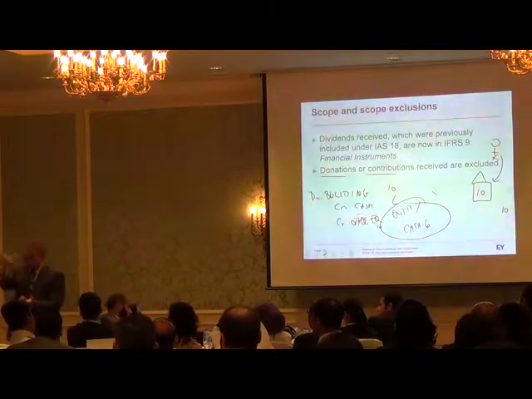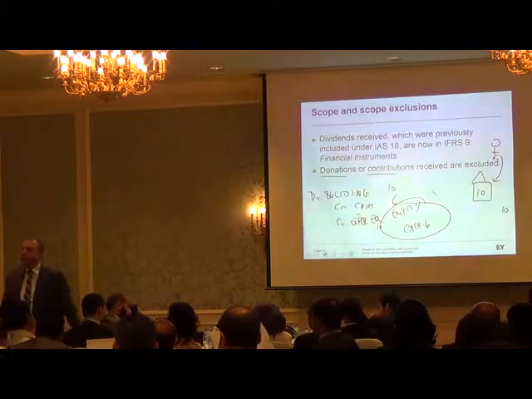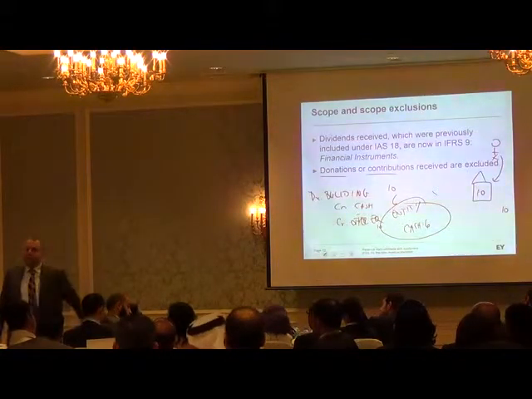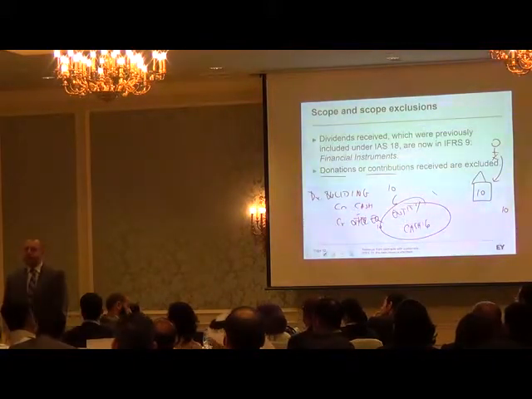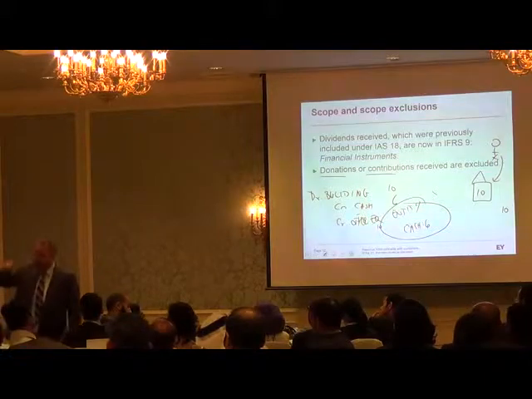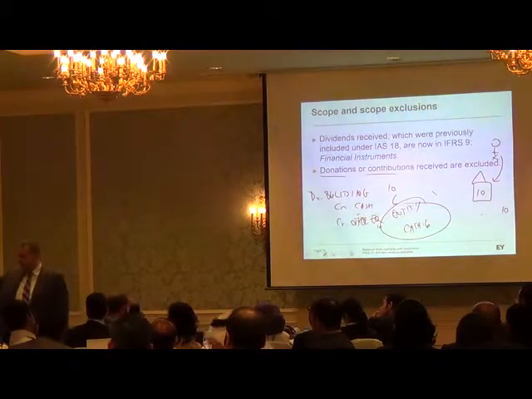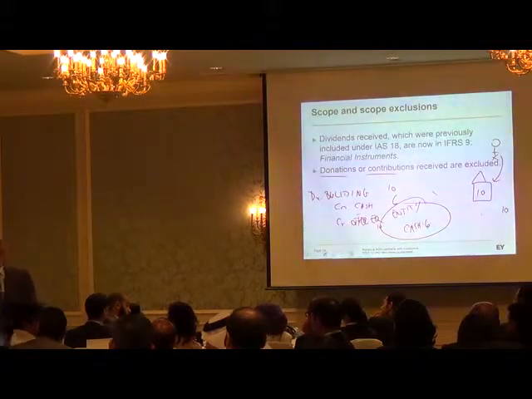I am the owner, right? Question, is this going to be a revenue or not? Because remember, everything must be excluded from income, thus from revenue, which is a transaction with my owner.